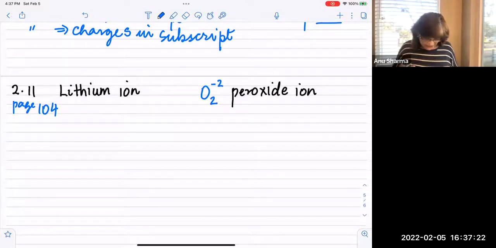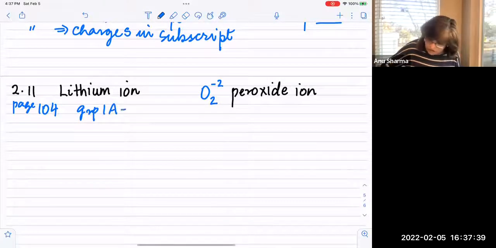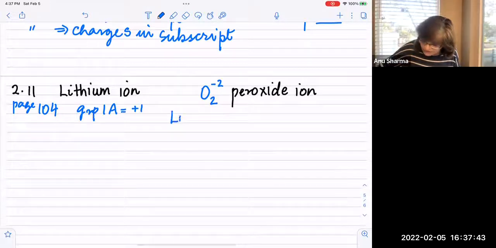They're saying predict the formula of the ionic compound formed when lithium ion reacts with the peroxide ion. So what is the formula of the compound? Here lithium is in group 1A, so the charge on lithium is going to be +1. So write down lithium +1 charge, and here's this O2 2- charge.